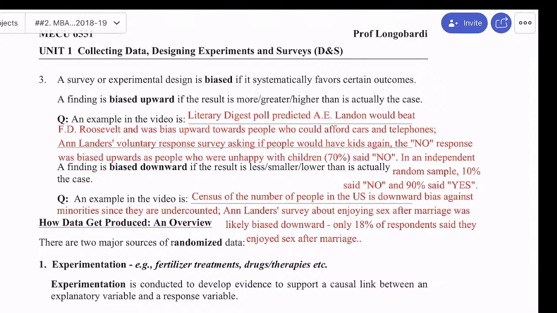Oh, you wrote something. Alex says if richer people are more likely to answer income questions, that would be upward bias to it looking like incomes in your sample are high. Actually, I don't know for sure, but my impression is people with higher incomes don't like to disclose their income.